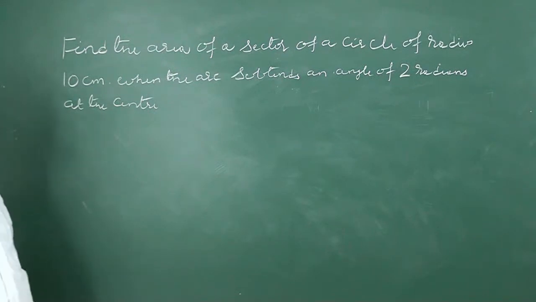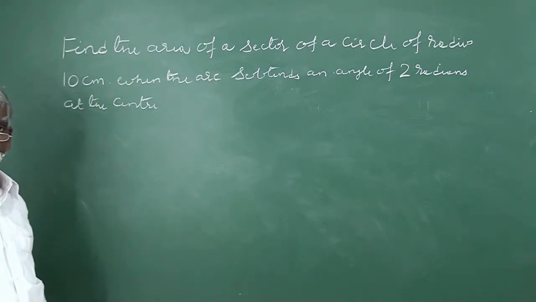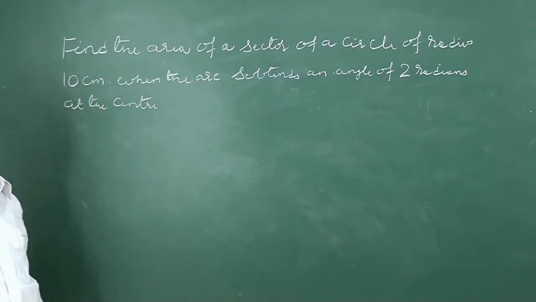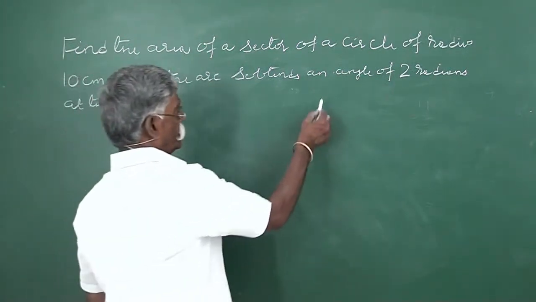So, an arc of a circle of radius 10 centimeters is making an angle of 2 radians at its center, and we are asked to find the area of the sector.